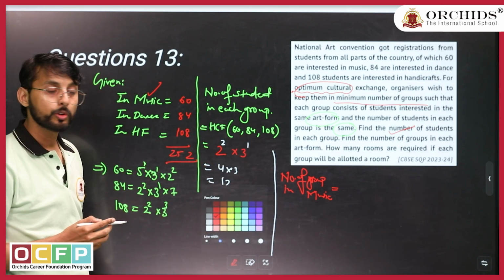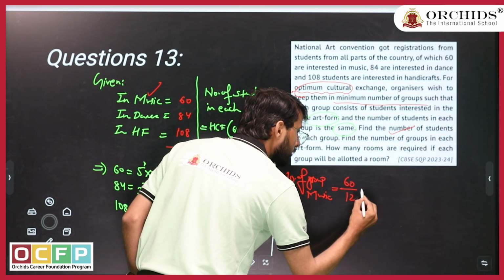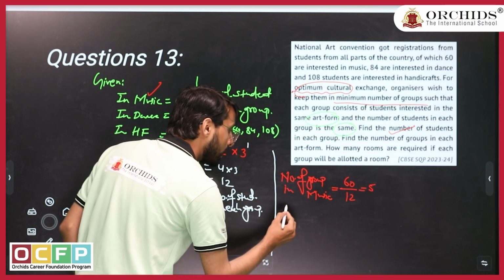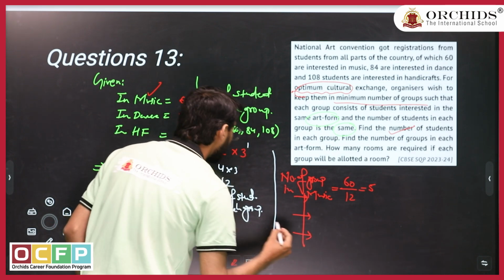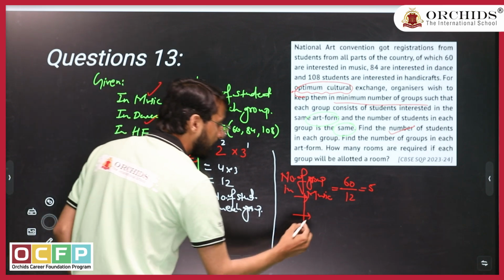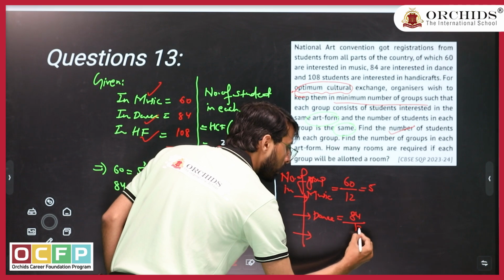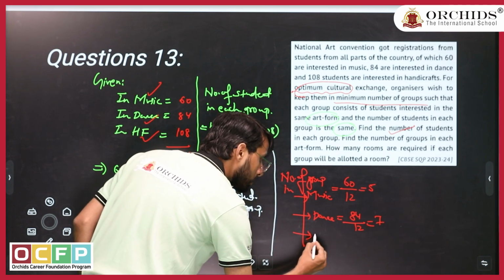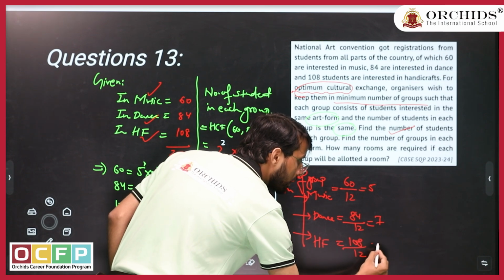So 60 students by 12. So there will be 5 groups. Music is done. Next two are dance and handicraft. For dance, how many? Total 84 divided by 12 is equal to 7, and the last one is handicraft, which is 108 divided by 12 is equal to 9.